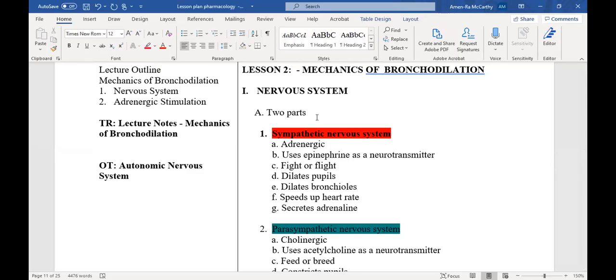Might have seen them in a different way, but they mean the same thing. Okay. So same thing with the sympathetic nervous system. Sympathetic, so I need to write this down. Sympathetic, AKA adrenergic, AKA sympathomimetic, all right?